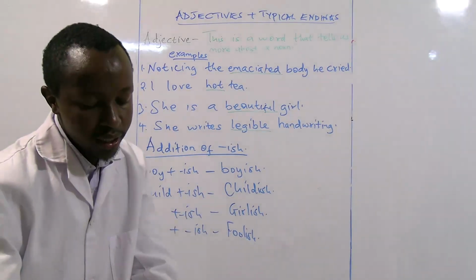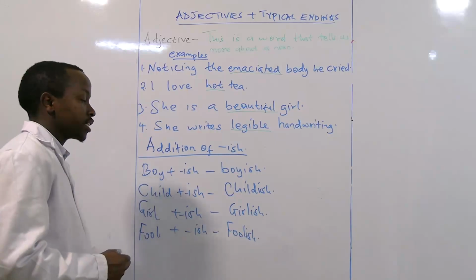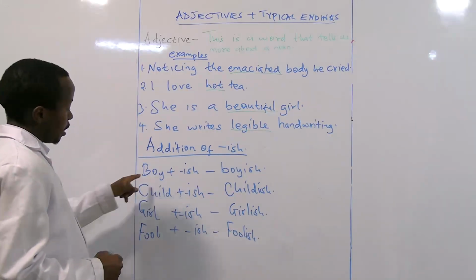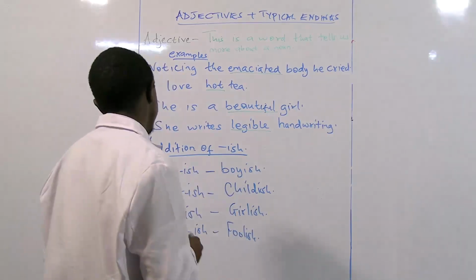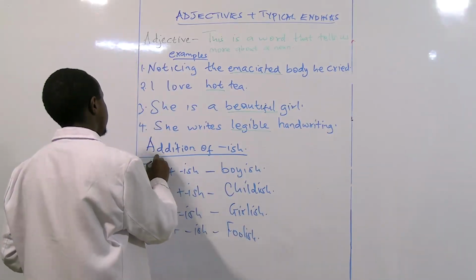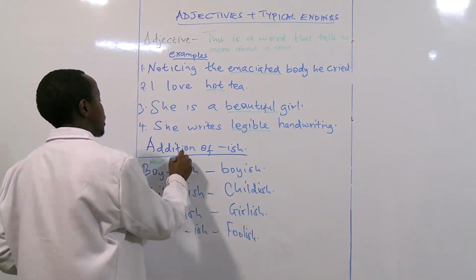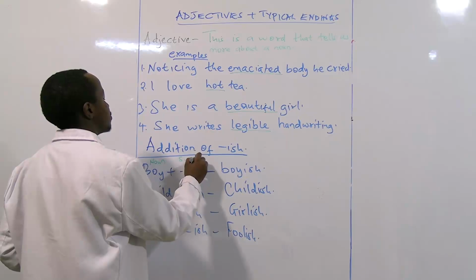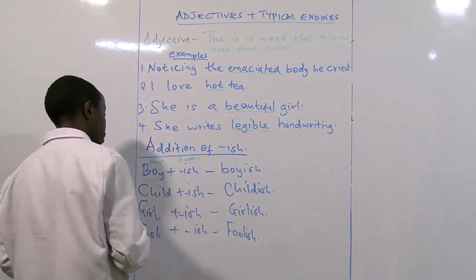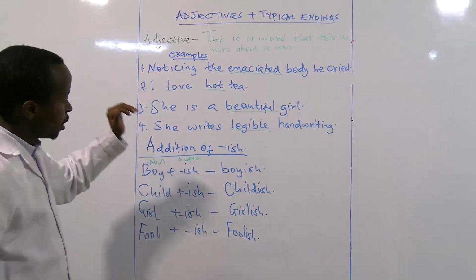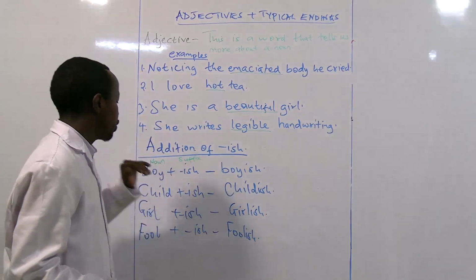As I explained, most of the adjectives are formed from nouns. Boy is the noun, ish is the suffix. Noun plus the suffix.